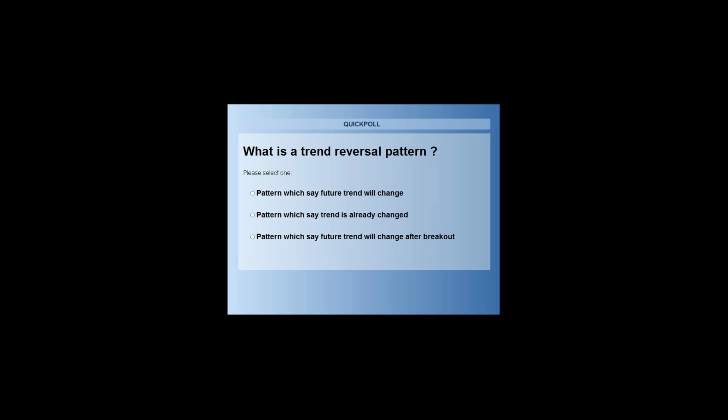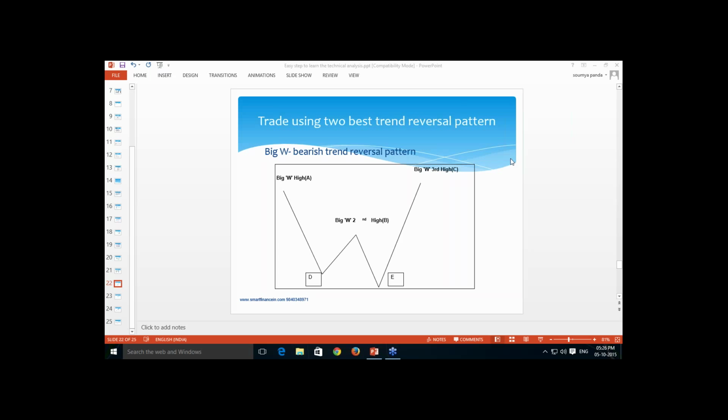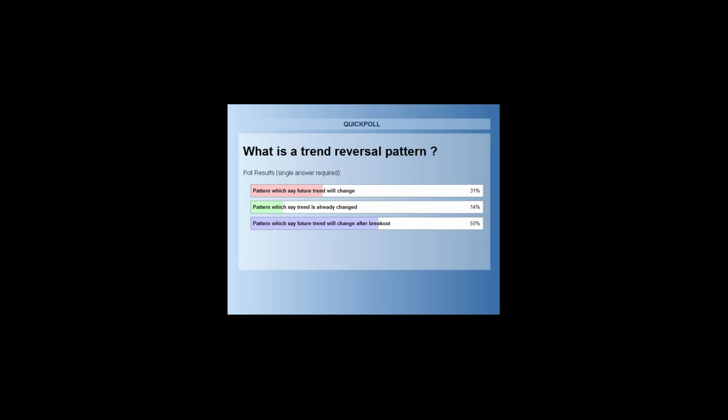So I am closing this. 84% of the 174 people have participated. I am sharing this survey result. Those who answered that it is a pattern which says the future trend will change after a breakout are the most accurate in understanding the meaning of a trend reversal pattern.